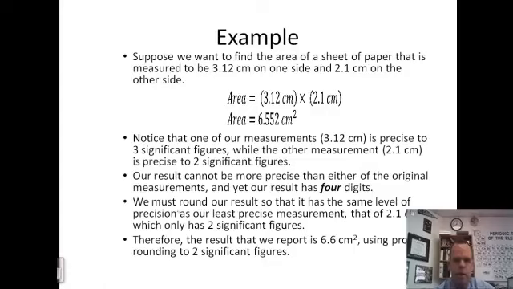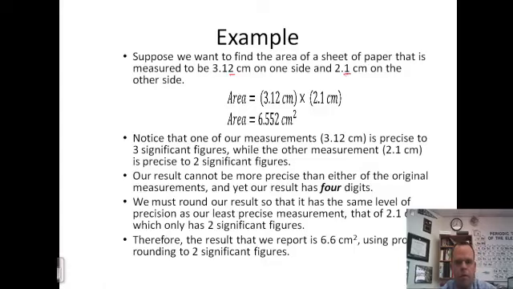Here's an example. Suppose we want to find the area of a sheet of paper that is measured to be 3.12 centimeters on one side and 2.1 centimeters on the other. In 3.12, remember the 2 is an estimated digit. In 2.1, remember the 1 is an estimated digit.